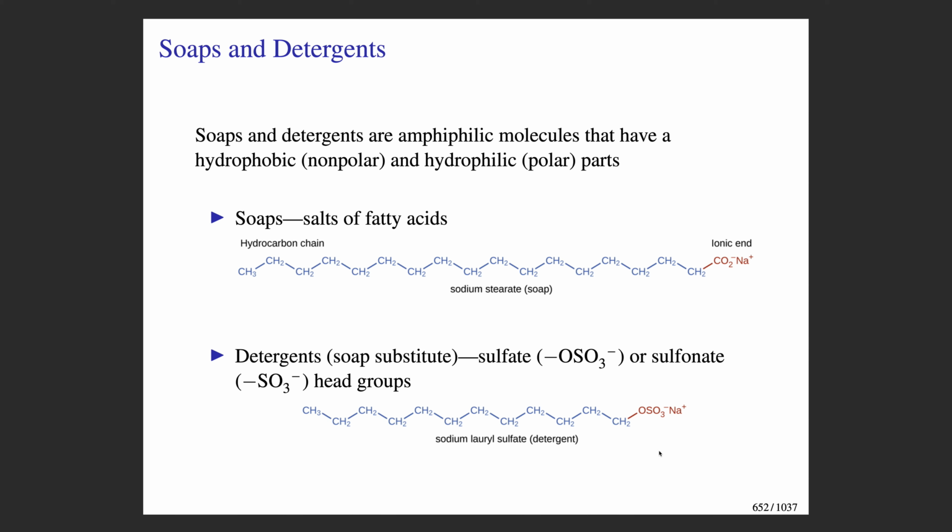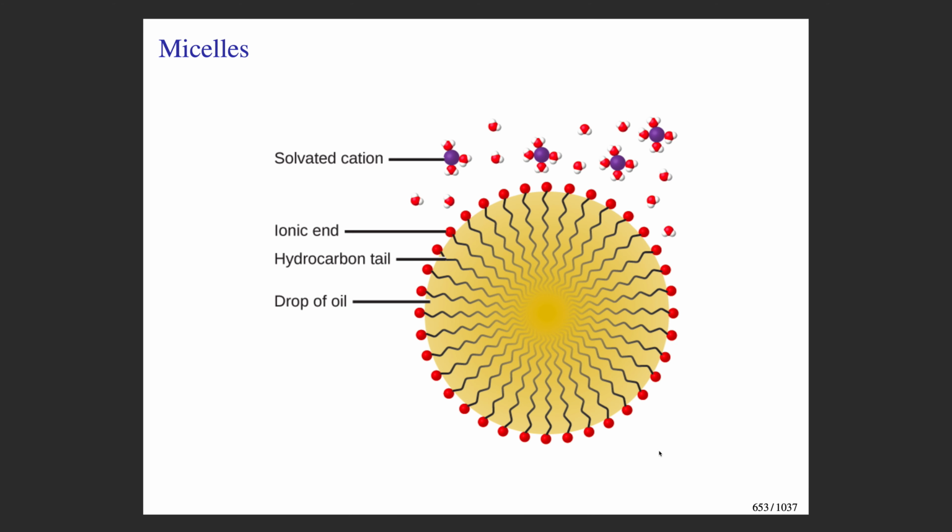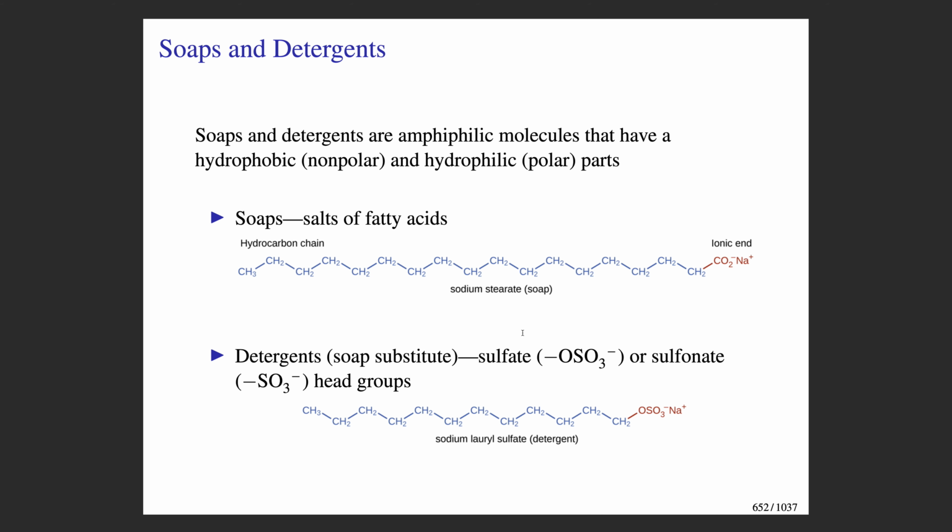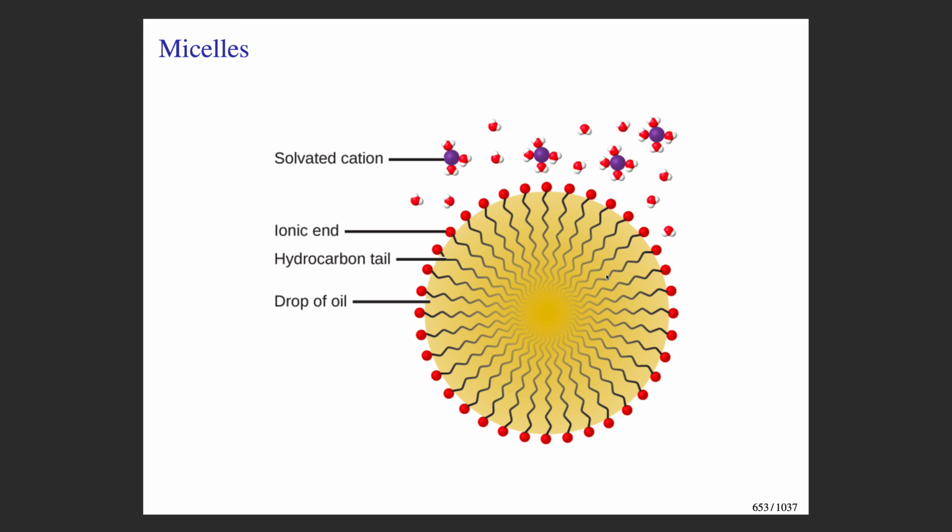How do they work? Well, what happens when you dissolve the soap in water and lather it up is that the soap molecules arrange themselves in a little ball with the water-loving groups on the outside and the hydrophobic groups on the inside. So it forms a little sphere, and you're looking at a cutaway of the sphere. Those long hydrocarbon tails are all entangled with one another in the center of this so-called micelle.